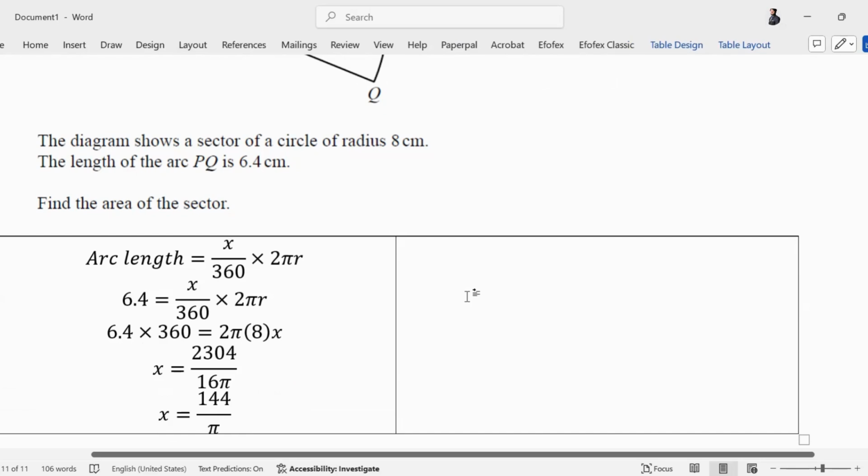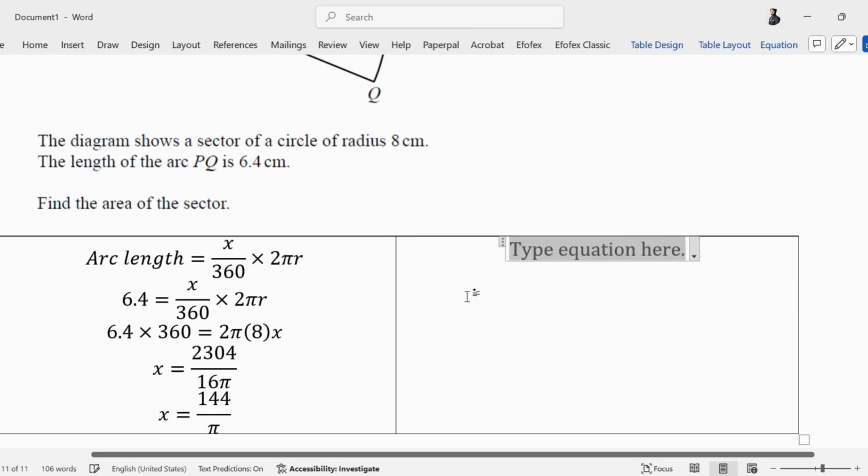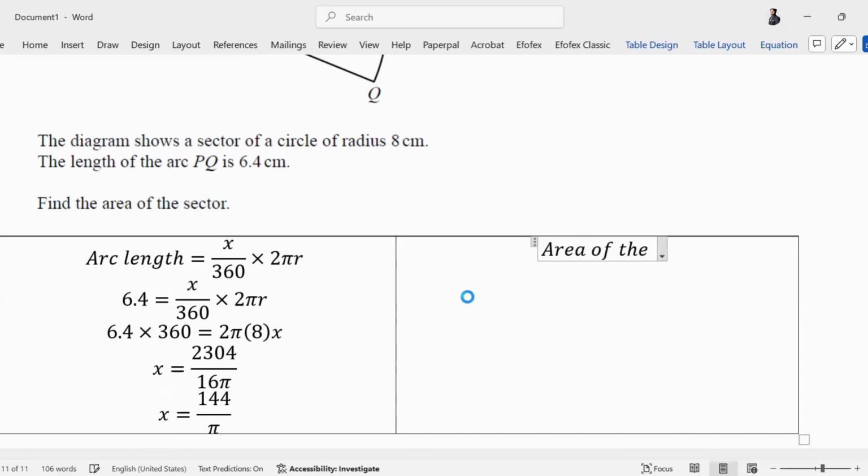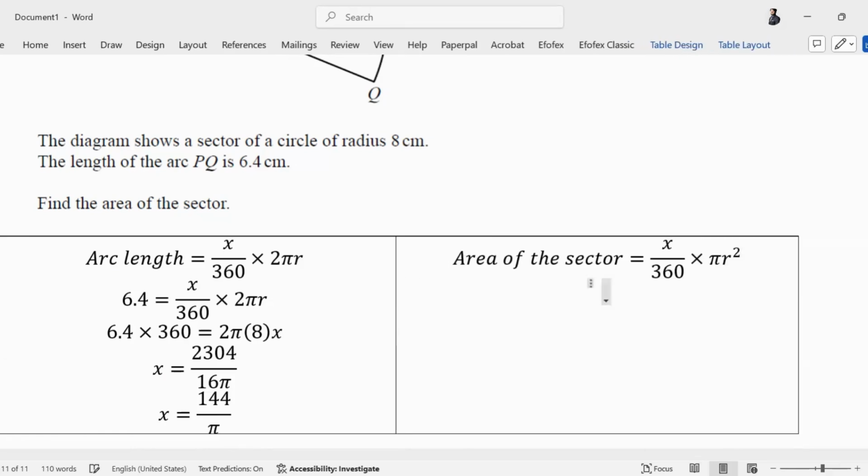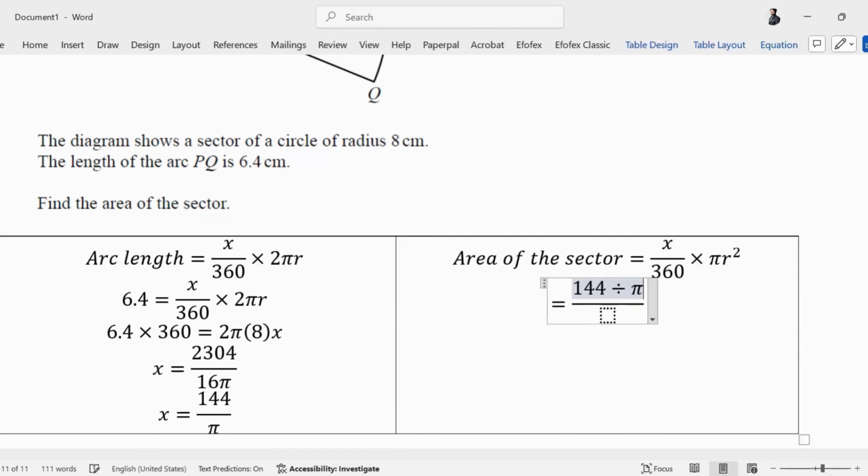And now in order to find the area of the sector, it is x upon 360 into pi r squared. x is 144 upon pi. I'll let it be this way, over 360 into pi, and the radius is 8 squared.